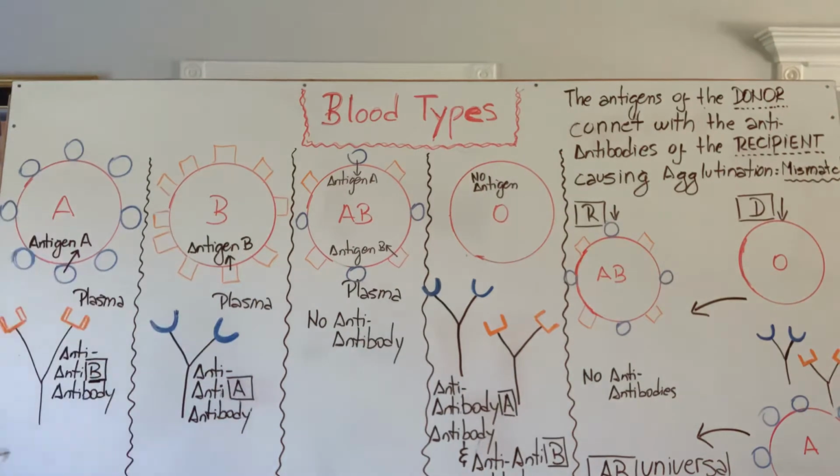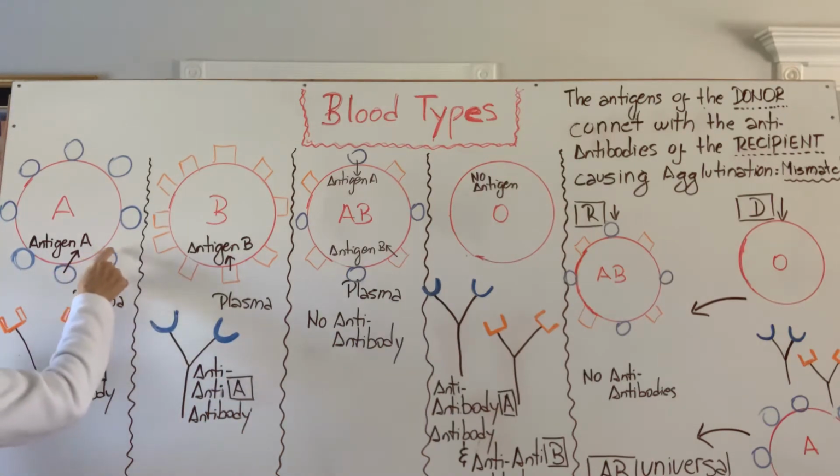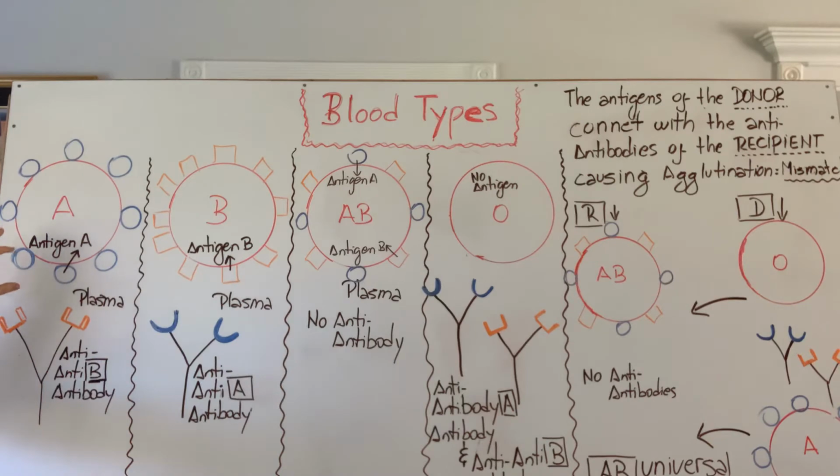Now, what is important is to understand how the interaction happens in a transfusion. Keep in mind this concept, and I took the time to match the type of antigen with the color and with the corresponding antibody in plasma.